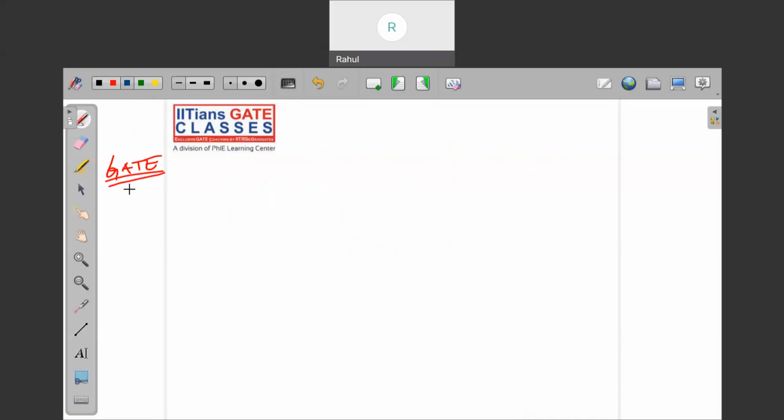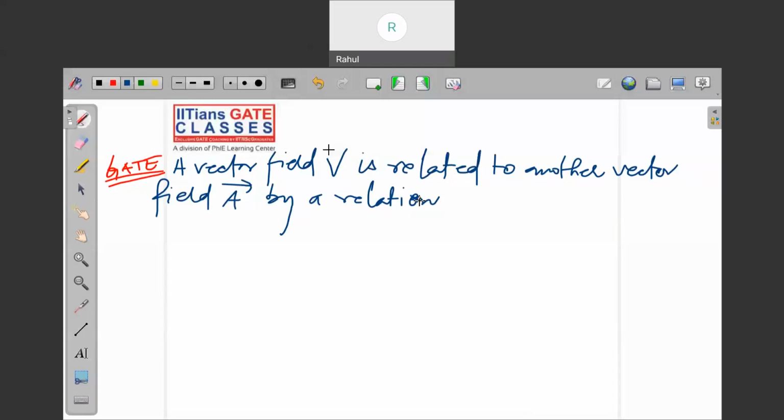The question: a vector field V is related to a vector field A by the relation V equal to curl of A.